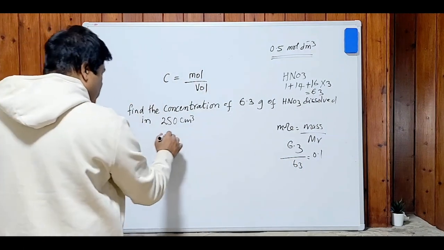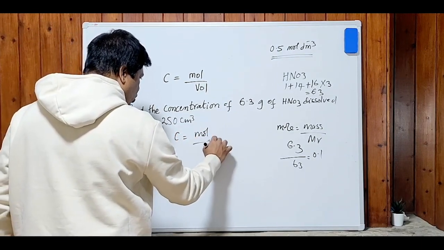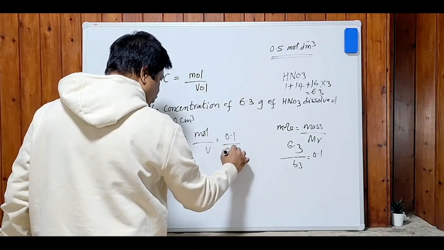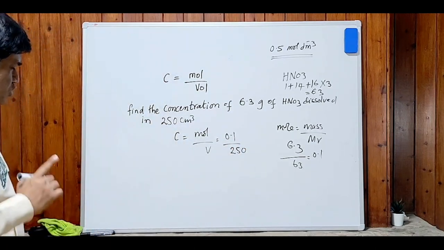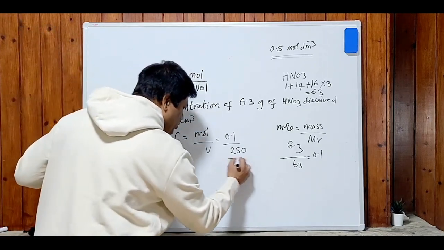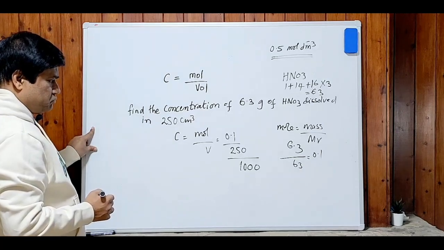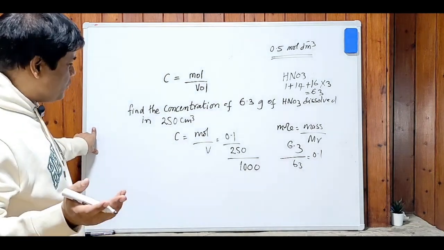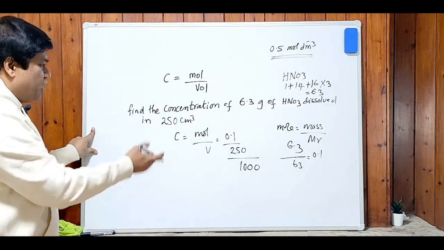Go back to conc. Conc equals to mole over vol. Mole is 0.1, volume 250 centimeter cube. I have to change it into dm cube, so I divide it by 1000. Some students doing A-level maths know how to do it. It's not a big calculation.